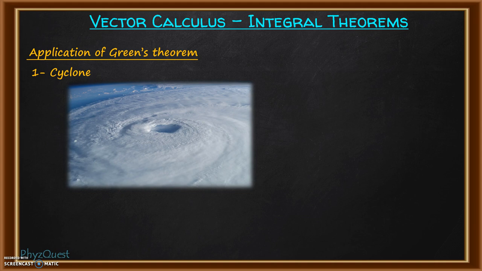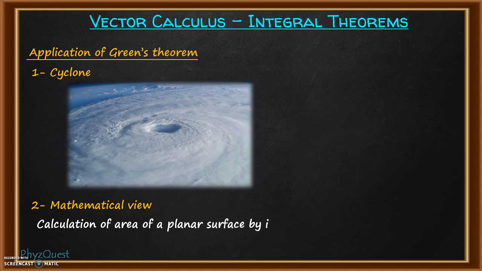Another application is from a mathematical point of view: the calculation of the area of a planar surface by integrating its perimeter. Suppose you are given any planar surface whose perimeter equation is given. You can calculate the area of that surface by integrating its perimeter equation. So these are a few applications of Green's theorem.